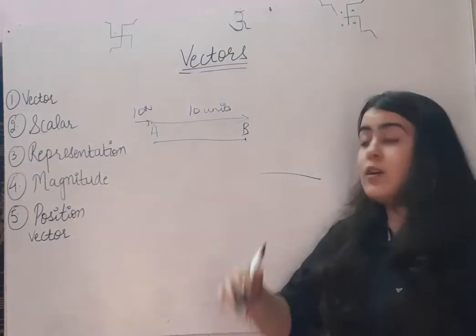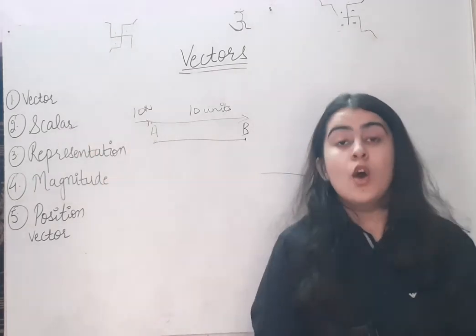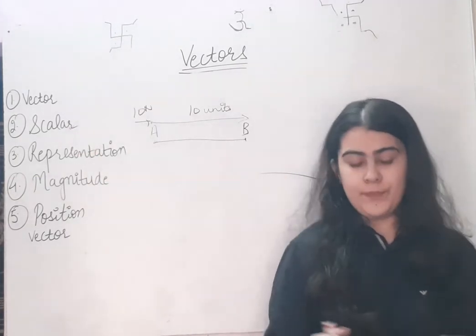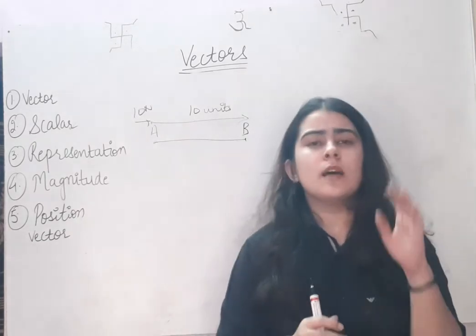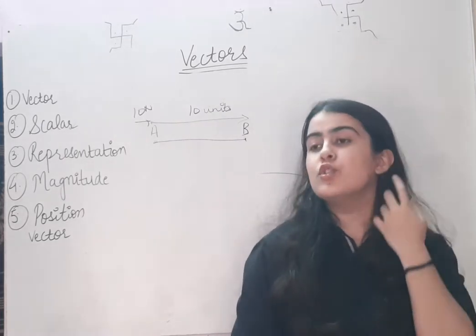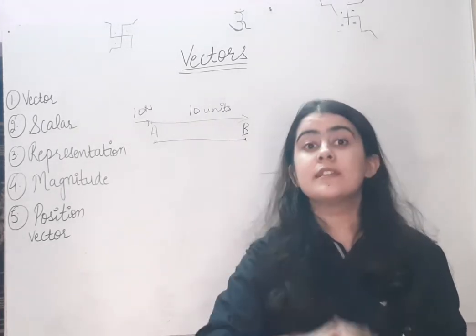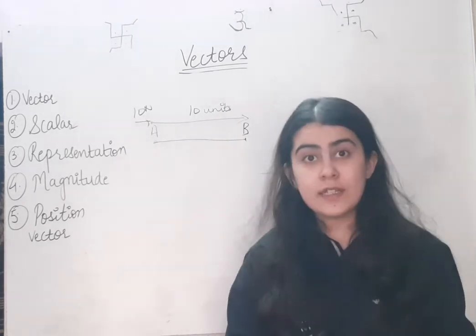Okay, so now stepping on to our next definition for today, which is scalar. What is a scalar quantity? Before stepping on to the scalar quantity, I want to tell you that some of you must have studied this chapter in physics also. In physics you must have heard about physical quantities. So what basically are physical quantities?